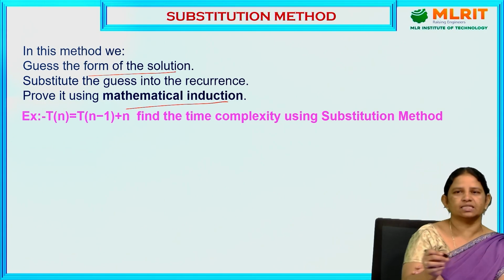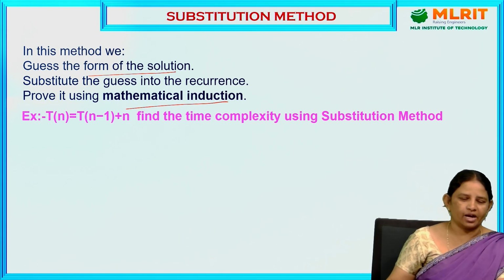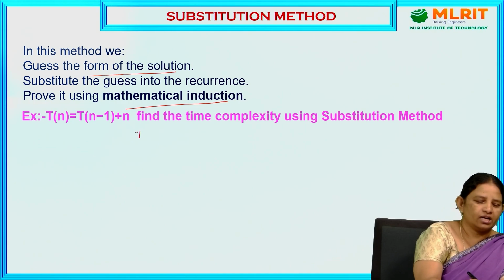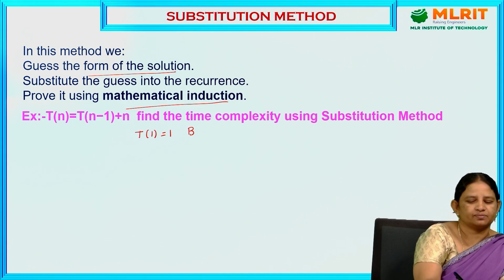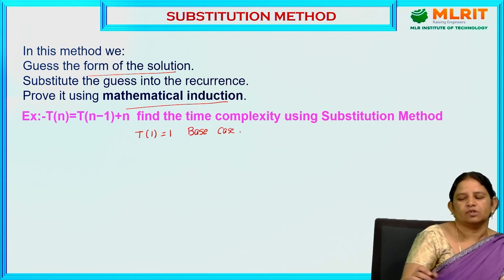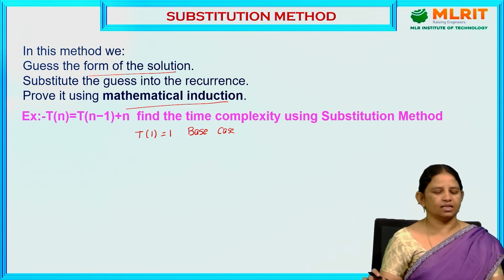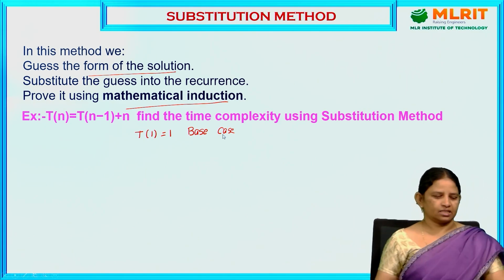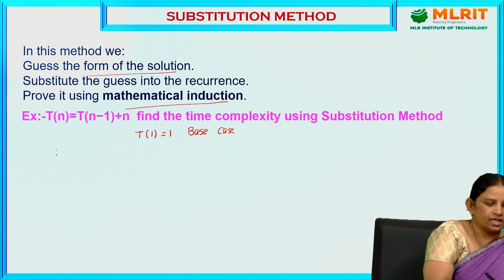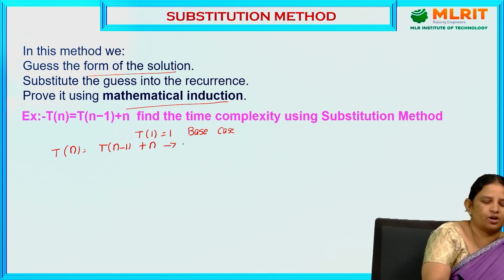Here, T of n equal to T of n minus 1 plus n, where T of 1 equal to 1, that is the base case. So, we have to start from the base case and repeat until the general case is satisfied. Take the recurrence relation T of n equal to T of n minus 1 plus n, that is equation number 1.